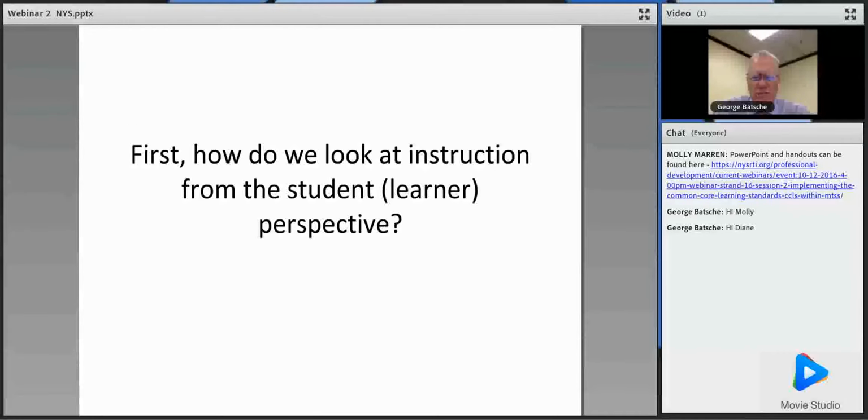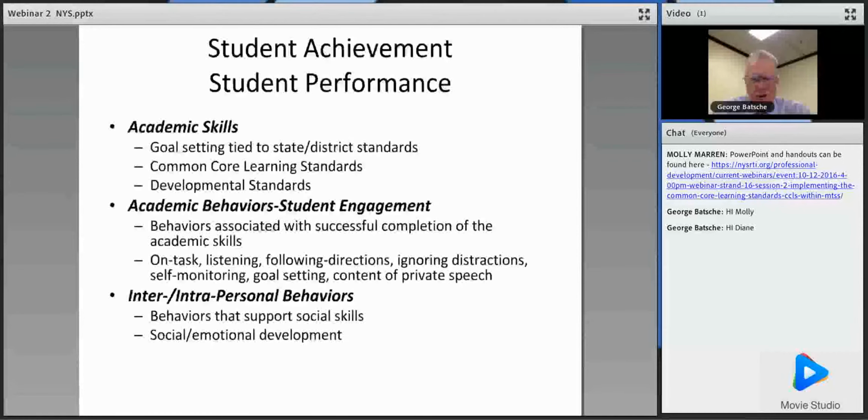So first, how do we look at instruction from the student, the learner perspective? In an MTSS model, we look at what the student is doing in 3 ways. Academic skills, which are those things we want kids to know, understand, and do. They could also be behavior skills, but they're the KUD, the know, understand, and do, and they're tied to the Common Core Learning Standards.